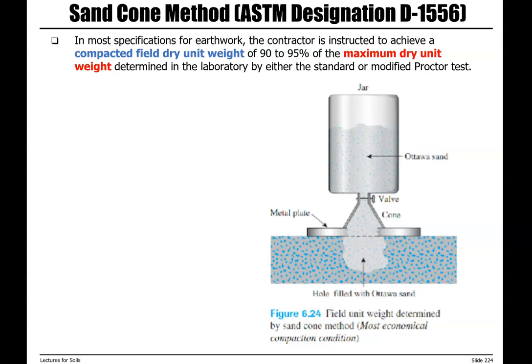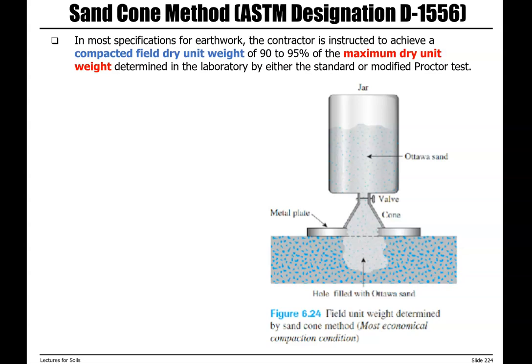So, after we're done with the compaction in field, how can we confirm if we achieved the level of compaction that was mentioned in the contract? In most specifications for earthwork, the contractor is instructed to achieve a compacted field dry unit weight of 90 to 95% of the maximum dry unit weight.